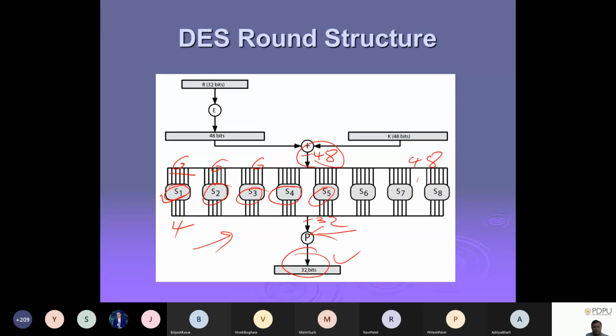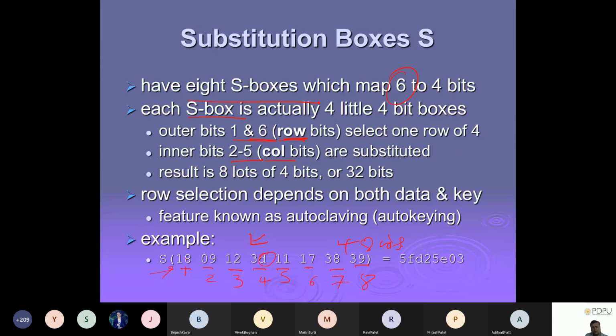In this diagram, you can see the total number of bits I am giving to the S box is 48 bits. But here in an example, if I have this many digits, then it's supposed to be not 48. Did I miss anything here?